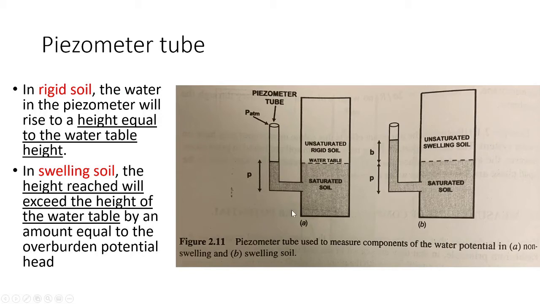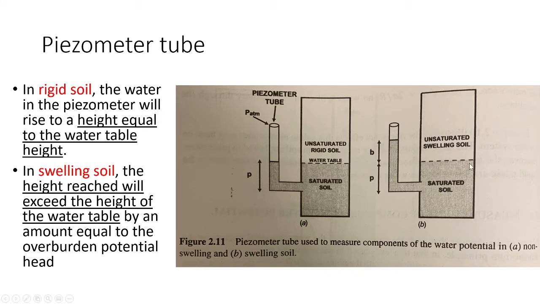Let's look at figure A, the rigid soil. In rigid soil, the water in the piezometer tube will rise to a height equal to the height of the water table in the soil column. In figure B, which is a swelling soil, the height in the piezometer tube will exceed the height of the water table by an amount equal to the overburden potential head.